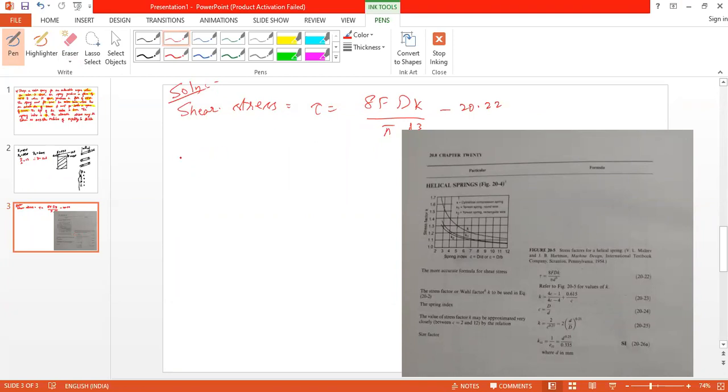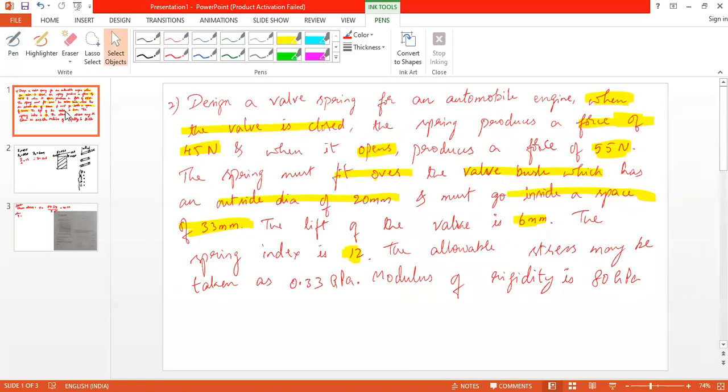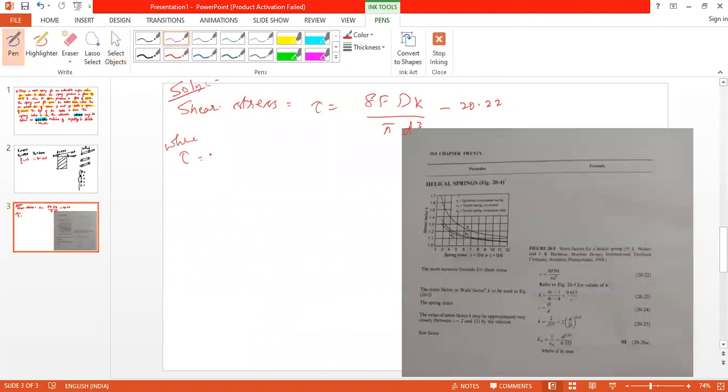So what is tau here? What is the value of tau? This is 0.33 gigapascal, that is nothing but 330 megapascal. So tau is 330 megapascal.